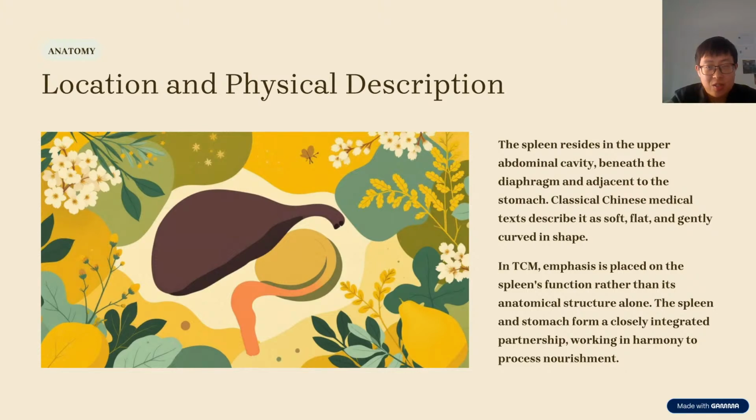Traditional physicians described the spleen as having a dark reddish color and a flattened, curved shape. These descriptions reflect long-term clinical observation rather than modern anatomical description.